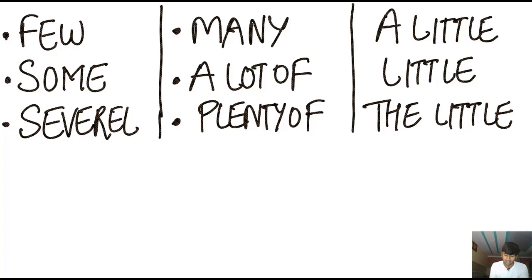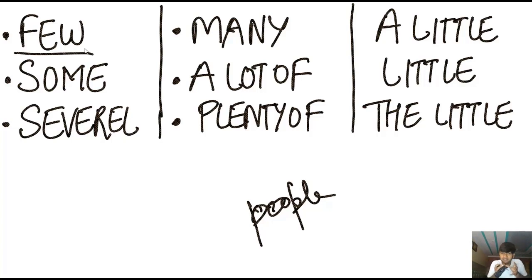Now, let's say people. You can have 2 people, 3 people, 4 people, a particular number. You can know a particular quantity. But if you do not want to refer to a particular quantity, you'll use quantifiers. If you say a few people, the number is a few, not a lot.